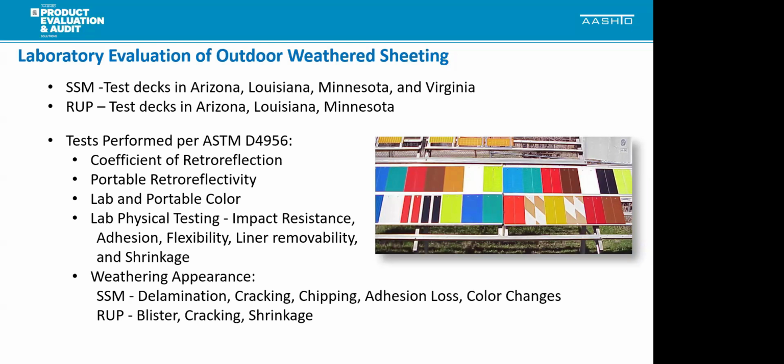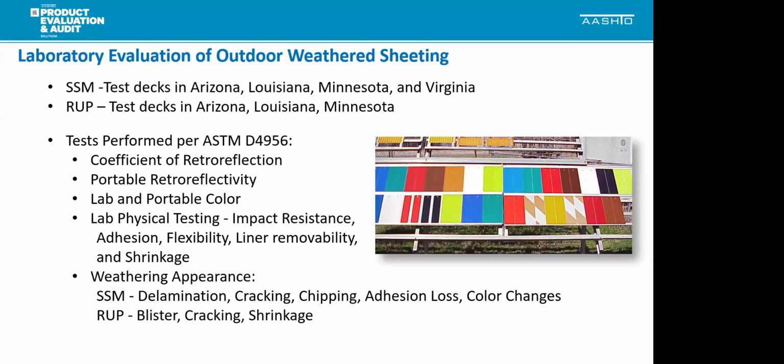And so, as Jim mentioned, the testing that is performed on both the sign sheeting and the roll-up sign materials is based on the ASTM D4956 specification. And so we run the optical tests for coefficient of retroreflection. We run that also with both a laboratory instrument, the light tunnel, and the portable instrument with the portable retroreflectometers.